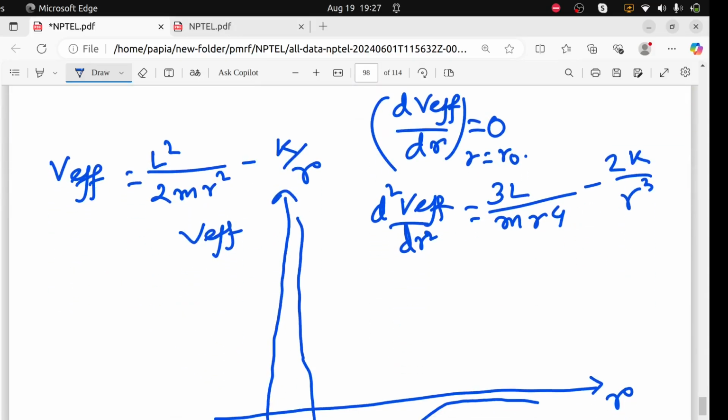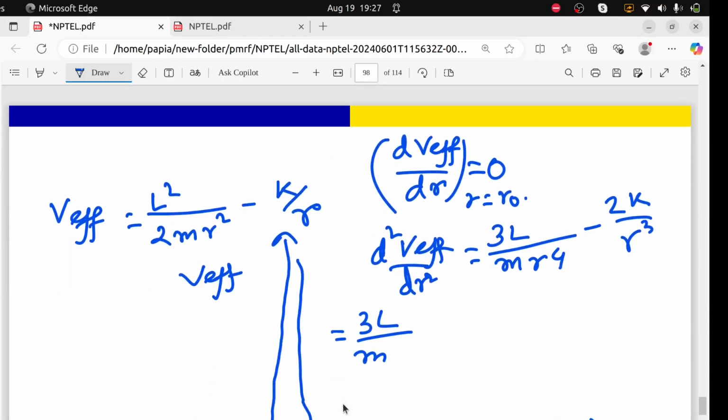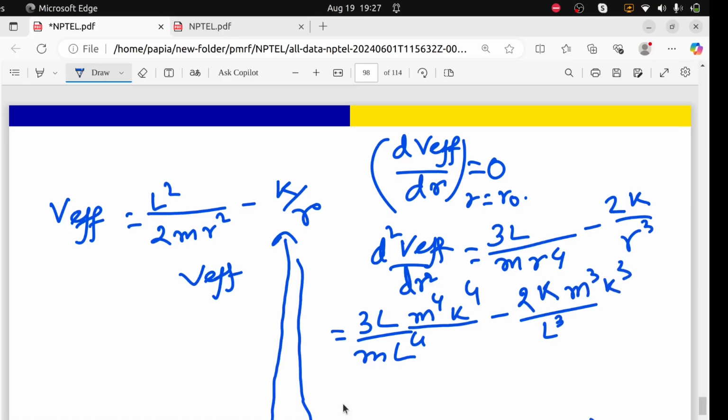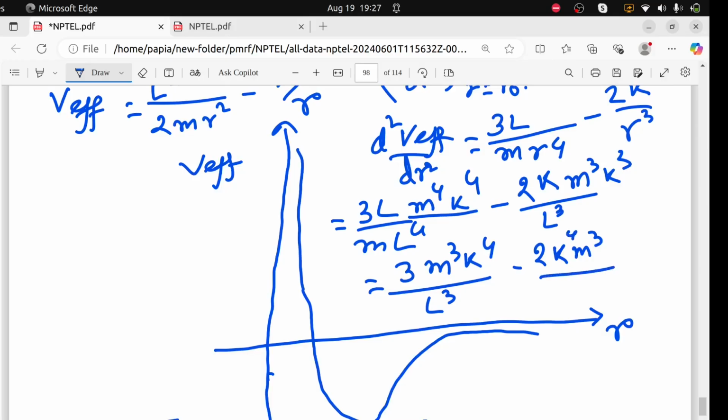Now if I put the value, r is L square by mk, so 3 m cube k4 divided by L cube minus 2 k m cube k4 divided by L cube. That is giving me greater than 0.